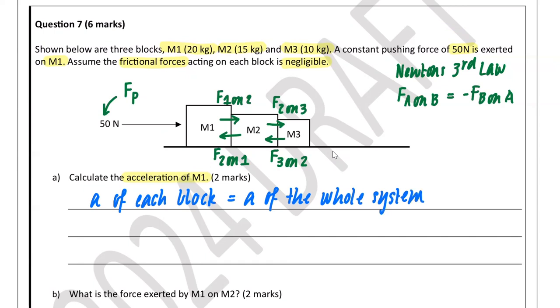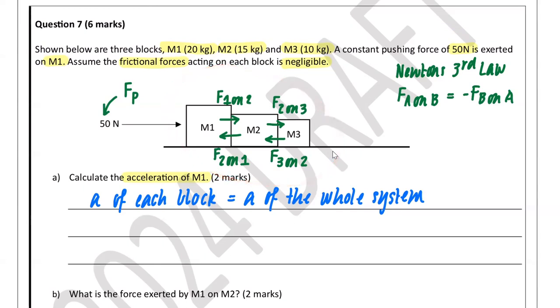A good analogy is the trolley analogy. If you're pushing 10 trolleys at 2 meters per second, that means each trolley itself is also traveling at 2 meters per second. The same thing here with these three blocks. If these three blocks are traveling at, let's say, 2 meters per second to the right, then each block is also traveling at 2 meters per second to the right.